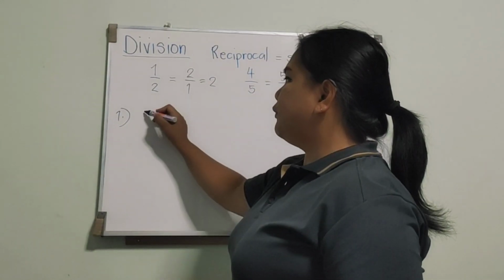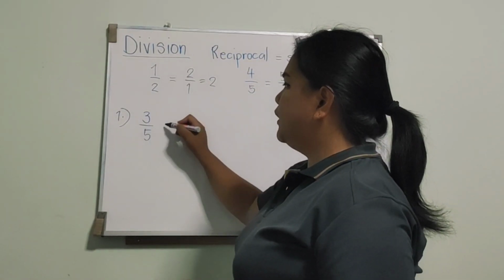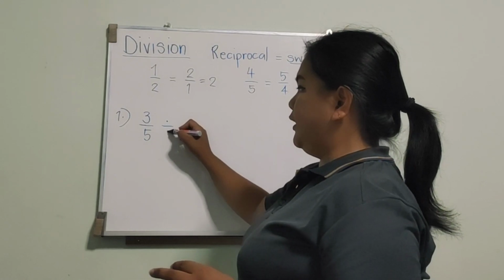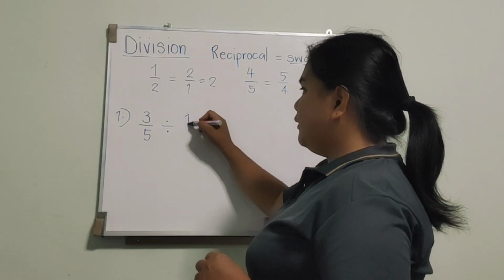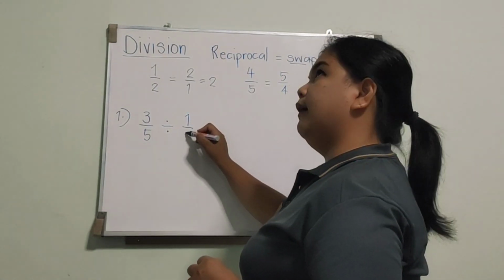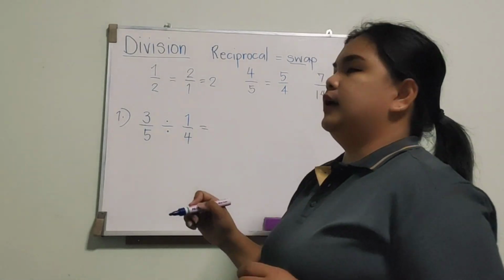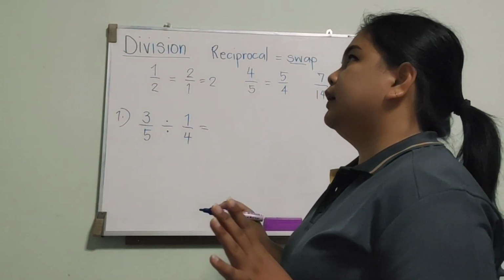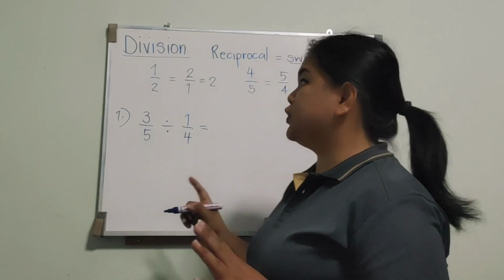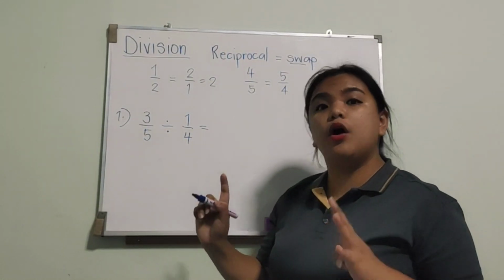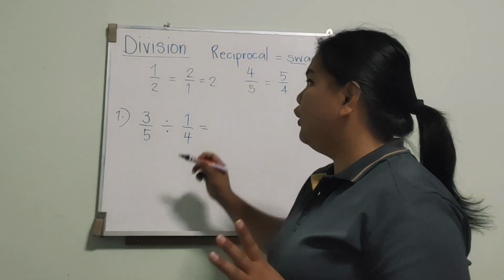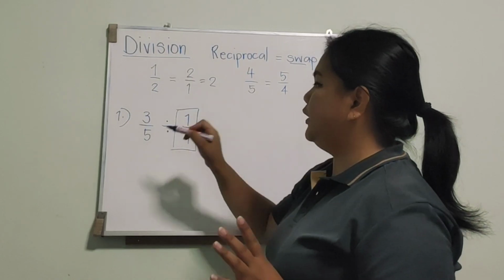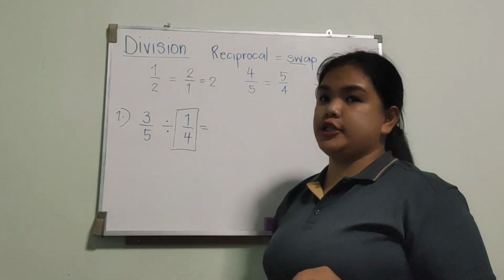Now, in division, it looks like this. First, if we have 3/5 divided by 1/4. The rule in division is you should get the reciprocal of the second number only, not the first number.